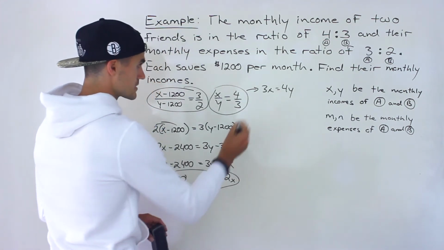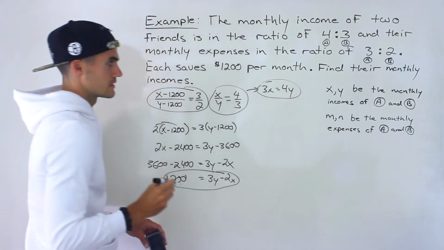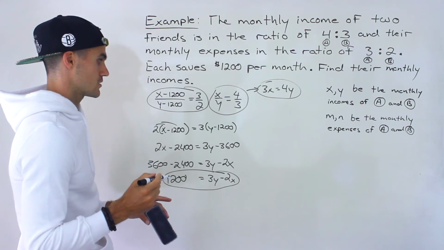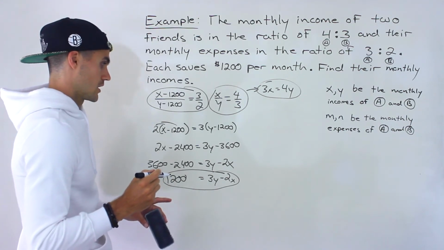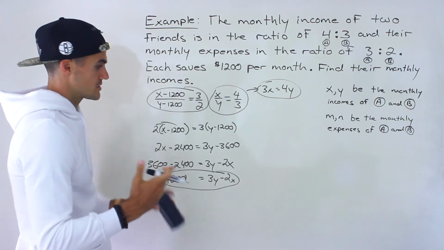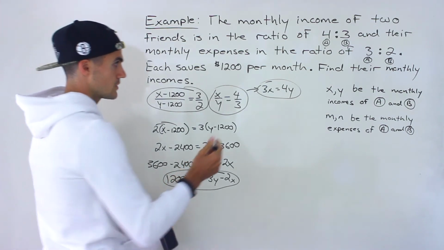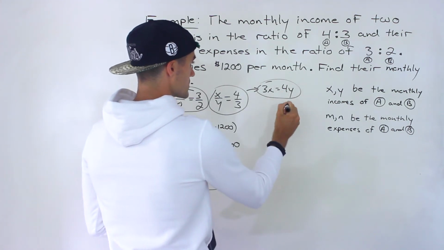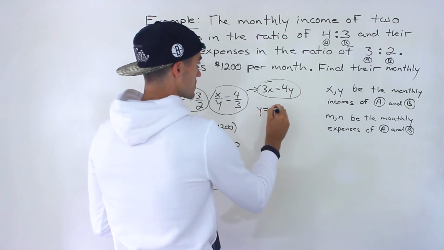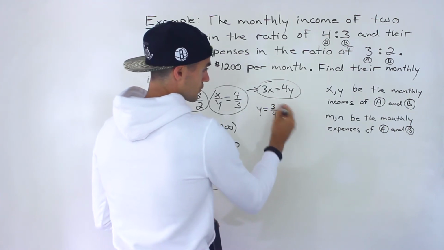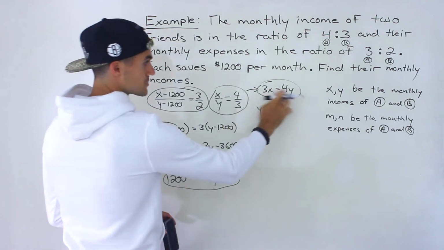So now we got this, and we got this, and now I feel like things are going to be easier to solve. It doesn't really matter, you could do substitution, you could do elimination. I'm going to isolate for the y. So I'm going to say y equals 3 over 4x, or 3x over 4 if we divide both sides by 4 here.